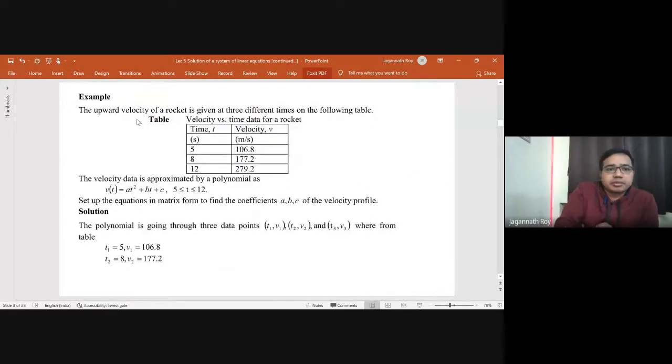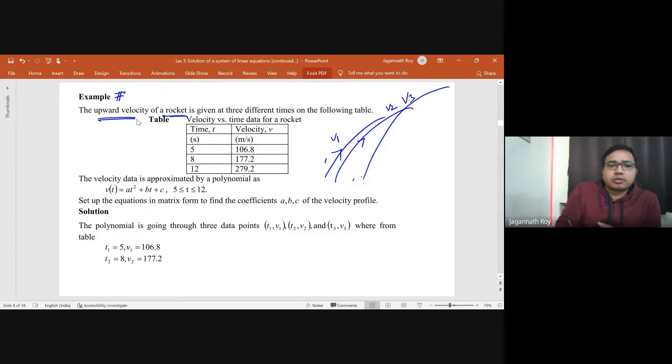Suppose you have a problem where you want to decide the upward velocity of a rocket. If you want to get the velocity of these rockets, this is v1, this is v2, or you can have this v3.